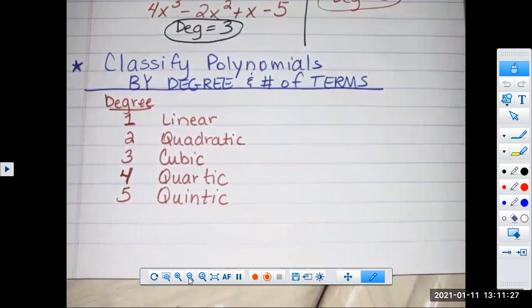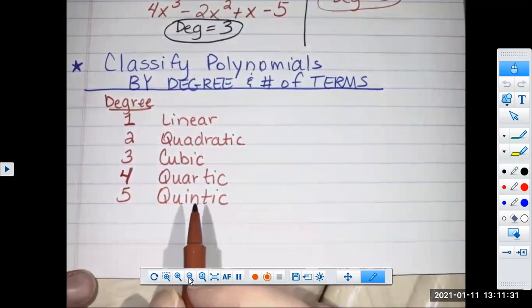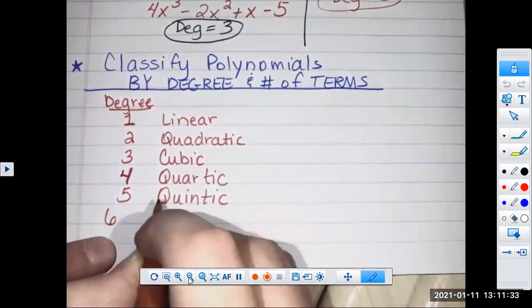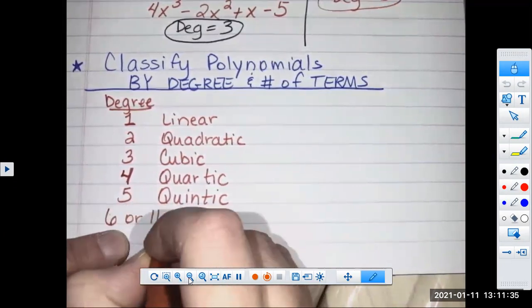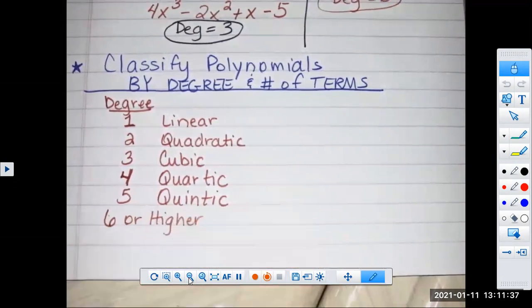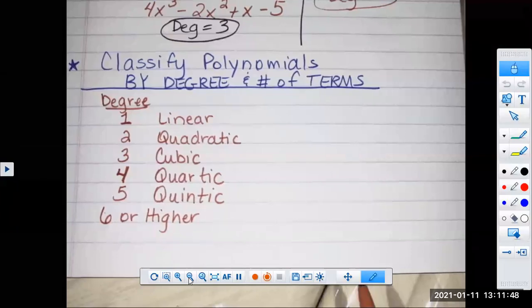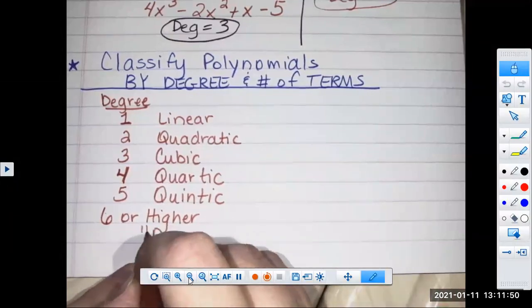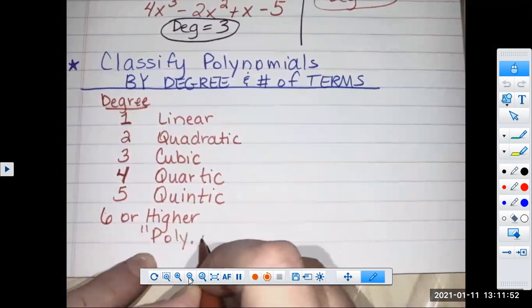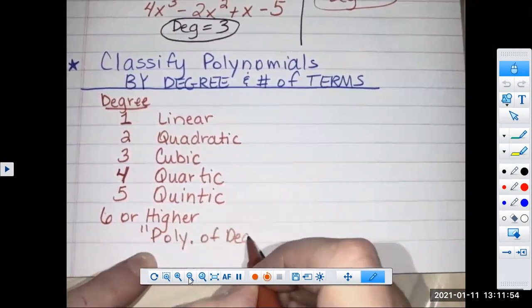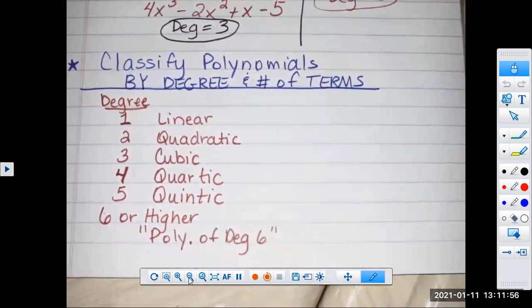When you get past 5, if it is 6 or higher, I don't know why they stop at 6. If it's 6 or higher, you would just say that is a polynomial of degree 6, polynomial of degree 7, polynomial of degree 8. So I'm going to abbreviate here. Polynomial of degree 6. That's what you would say.